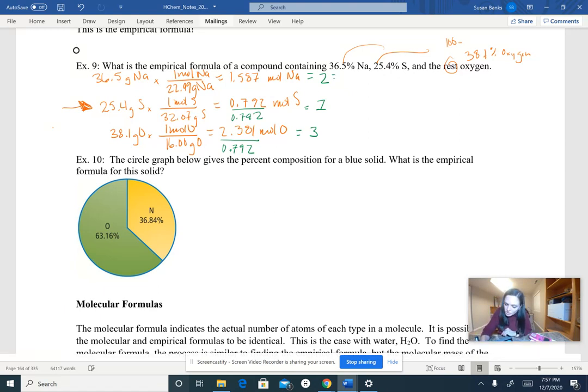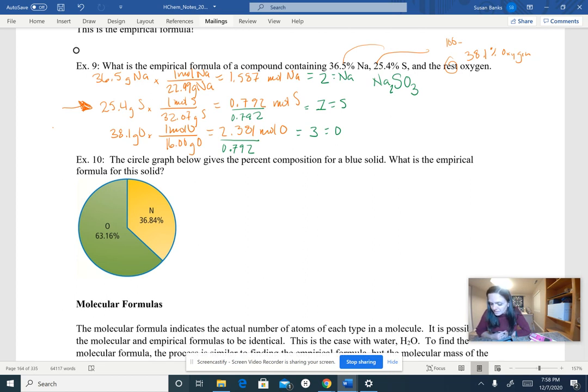We have 2 sodiums, 1 sulfur, and 3 oxygens. So when we write a formula, remember we are always going to start with, you guessed it, the metal. So we'll start with sodium. Then I'm going to write sulfur, and then I'm going to write the oxygen. I need to put a subscript of 2.